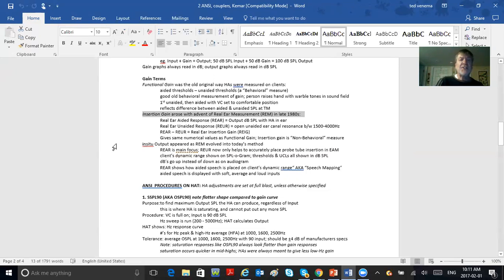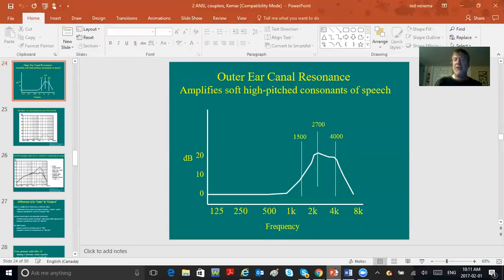The last type of gain that we measure is sometimes called in situ. Now, this is what we do today. In today's real ear, we don't focus very much on this guy here. We only use real ear unaided response to make sure that the tip of the probe tube is nestled nicely against the guy's eardrum.